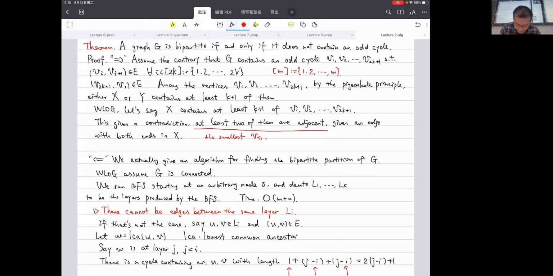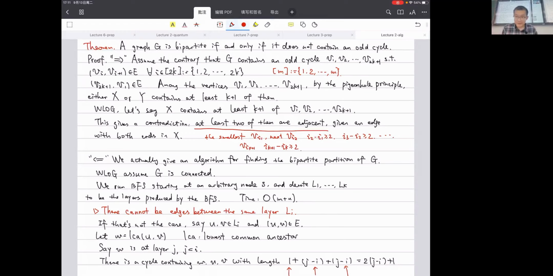If none of the pairs is adjacent, the next should be something like VI2, where I2 minus I1 is larger than 2, and I3 minus I2 is larger than 2, so VI3, VI4, etc. But this is impossible, because if you consider VIK plus one, you have IK plus one minus IK larger than 2.